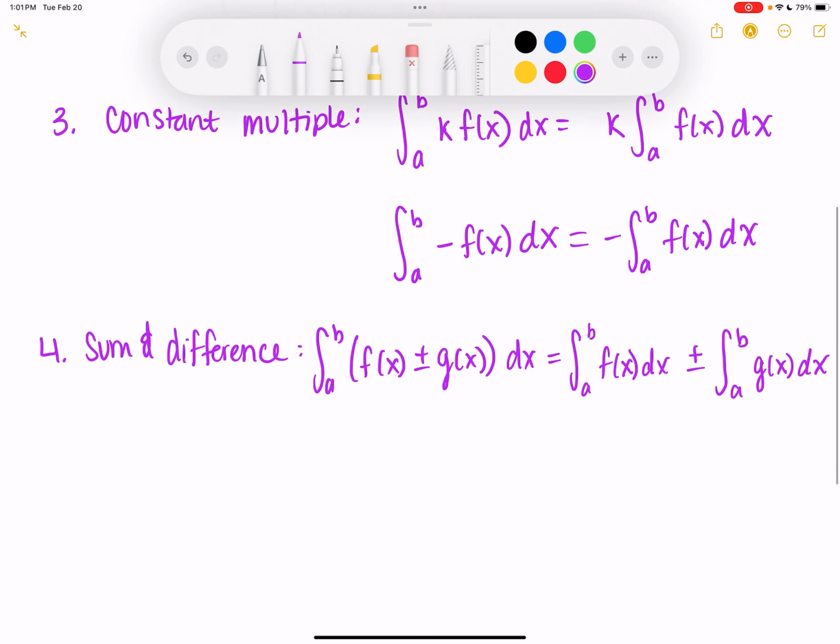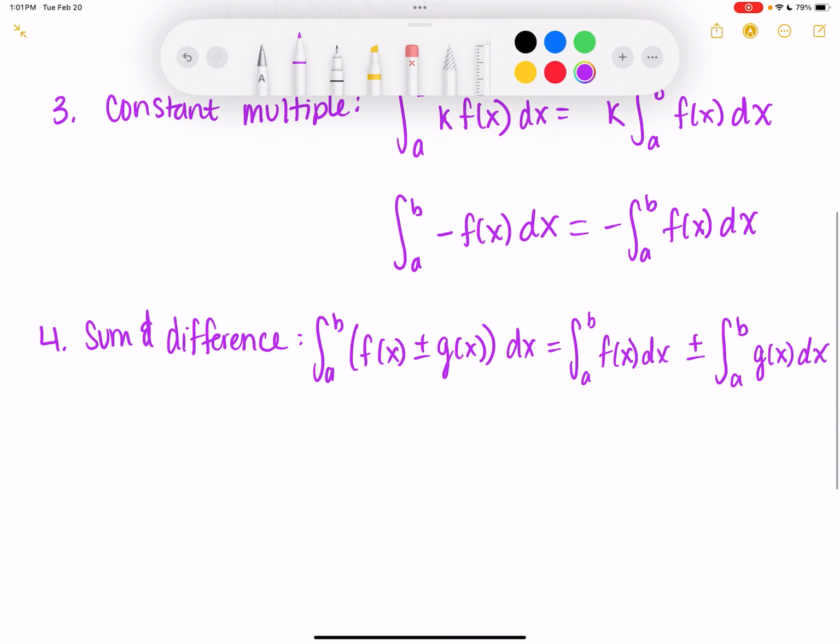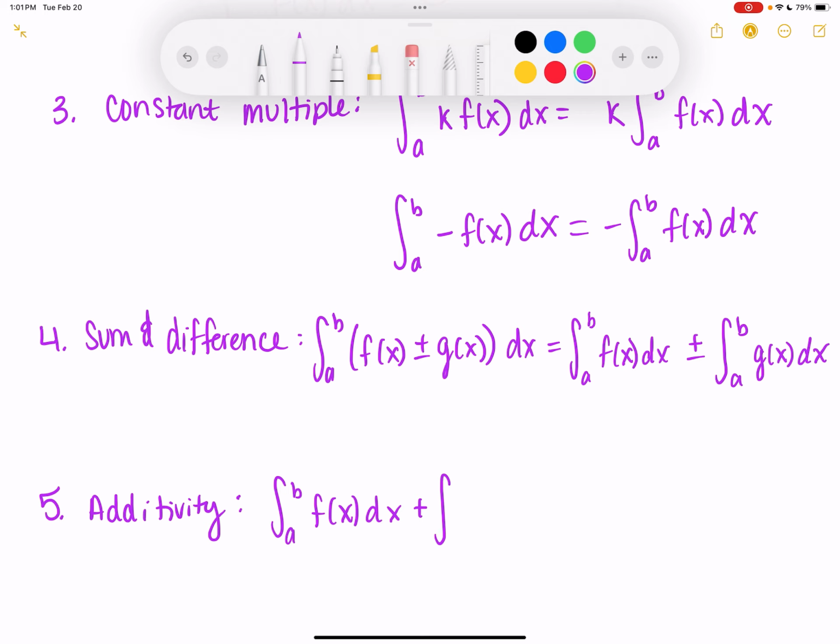All right, this next one is called additivity. Another one of those words you probably never thought you'd hear. But this says that if we have the integral from a to b of f of x dx plus the integral from b to c of f of x dx, this would be equal to the integral from a to c of f of x dx.